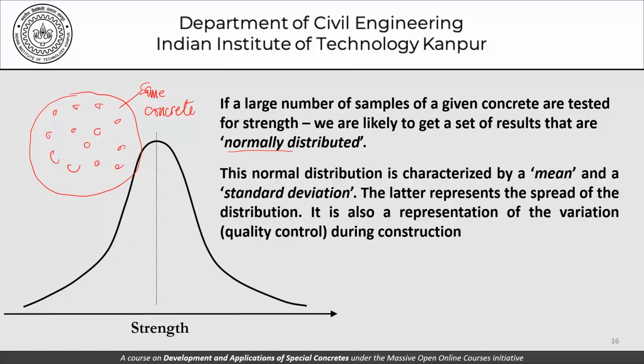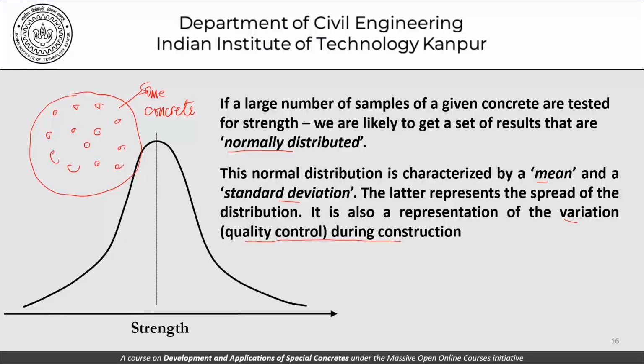This normal distribution we know is characterized by a mean value and a standard deviation. The latter represents the spread of the distribution and is also a representation of the variation or the quality control during construction. If I take all these values, there will be a certain spread, depending on the kind of quality control followed in creating this concrete mass.